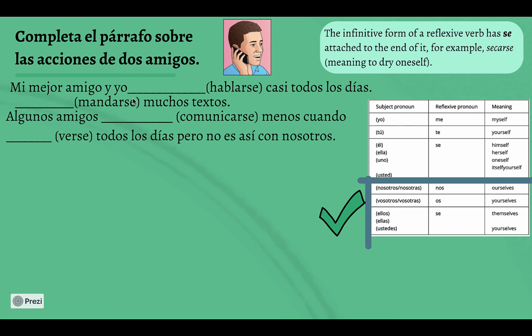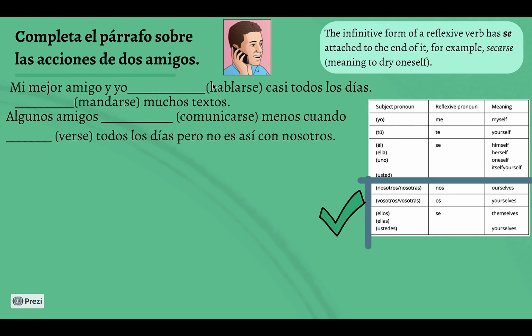Okay, mi mejor amigo y yo. So let's look for the subject pronoun for these. So mi mejor amigo y yo, my best friend and I. That will be we, nosotros. So the reflexive pronoun that you'll use is nos. And now hablarse.